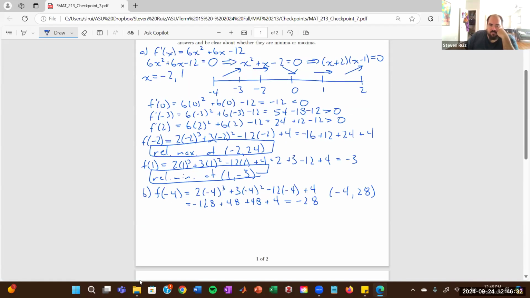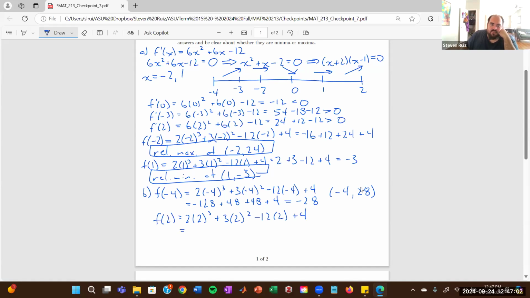So we have to look at one more point, but so far, this tells me that my relative max cannot be my absolute max because I found a greater y value. So my greatest y value that I've seen so far is 28. Now we have to look at the other end. f of 2 is equal to 2 times 2 cubed plus 3 times 2 squared minus 12 times 2 plus 4.